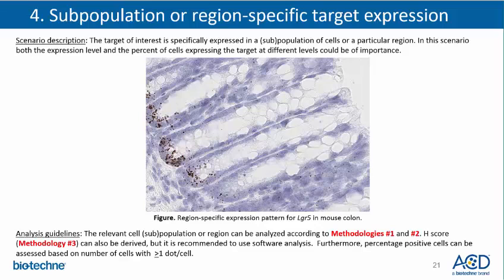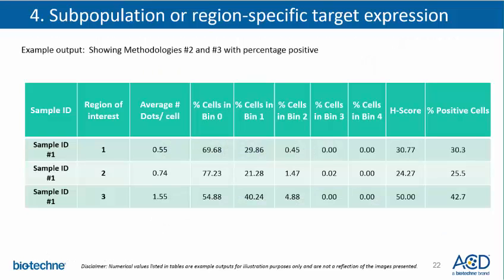If desired, an H-score could also be derived by software analysis. Furthermore, the percentage positive cells can be assessed based on the number of cells with 1 or more dots per cell. This is also a data example that could be obtained with image analyses, methodologies 2 and 3.